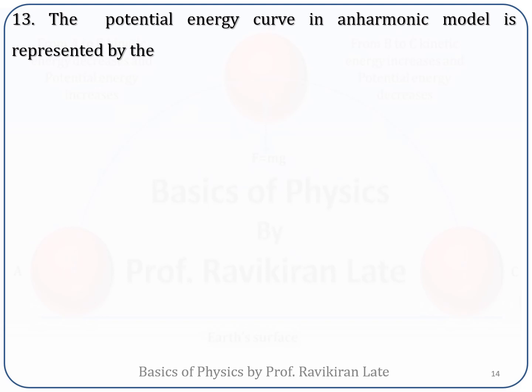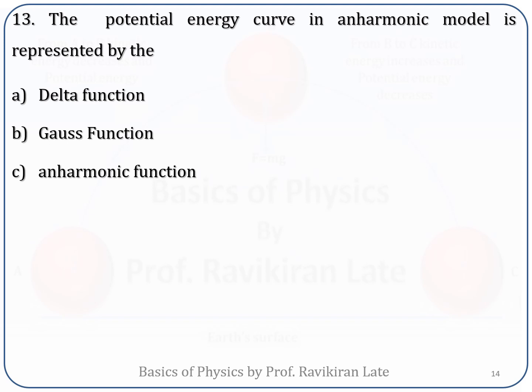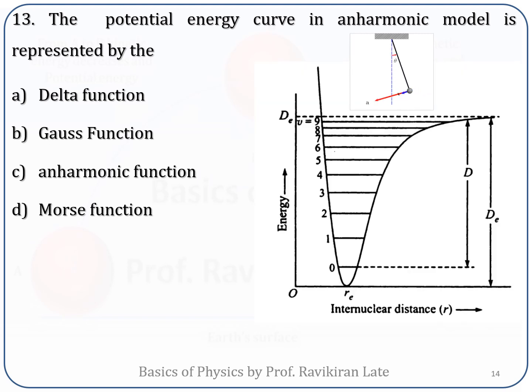The 13th question: the potential energy curve in the anharmonic model is represented by option A delta function, option B Gauss function, option C anharmonic function, option D Morse function. Now in the anharmonic model, we know that in addition to the harmonic motion you have some non-harmonic part, which we call the anharmonic model.